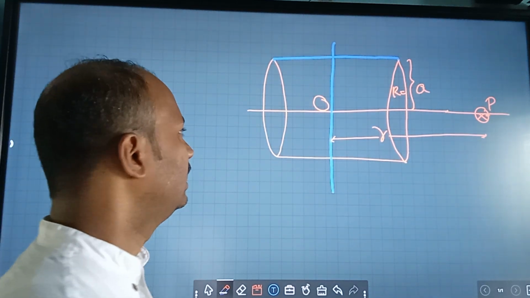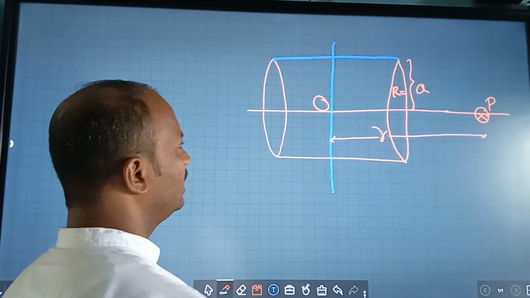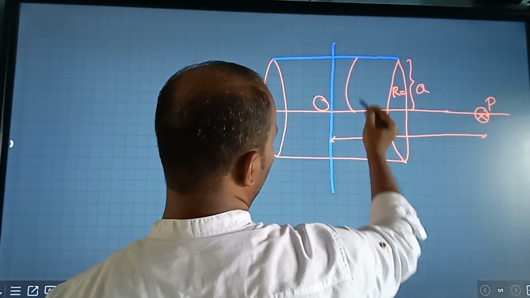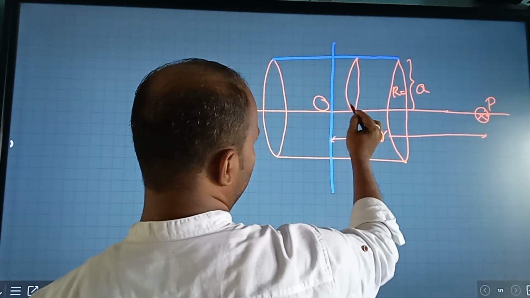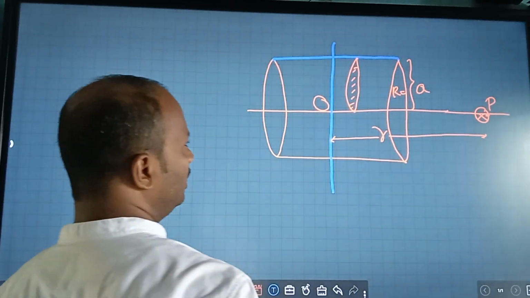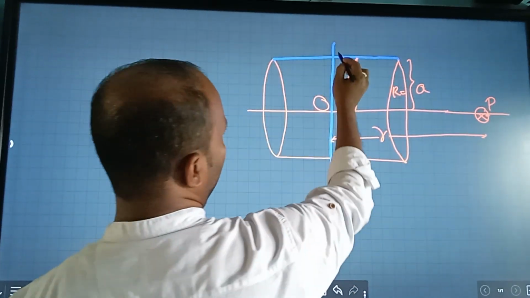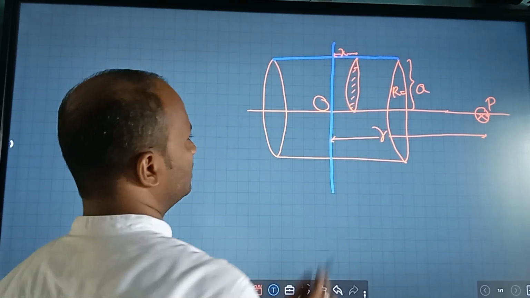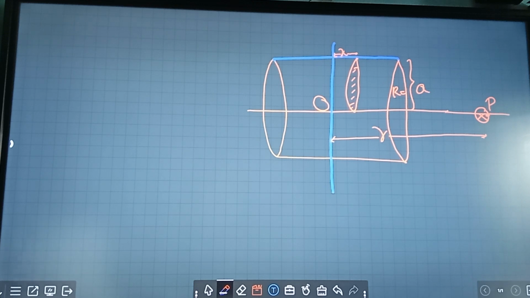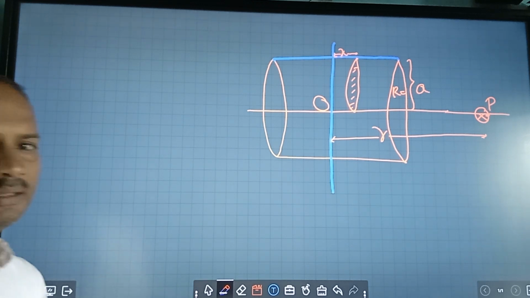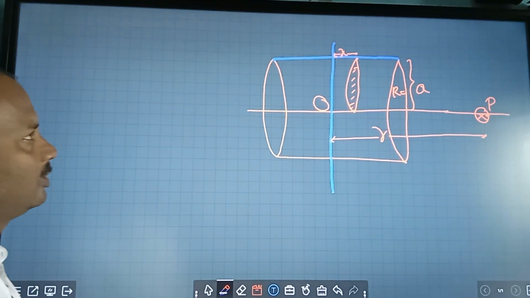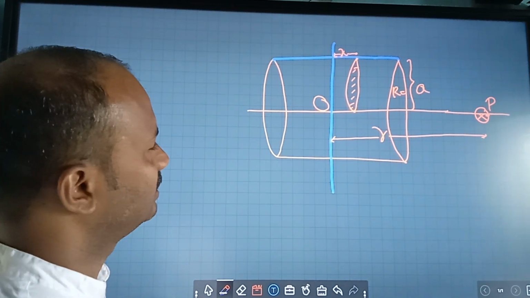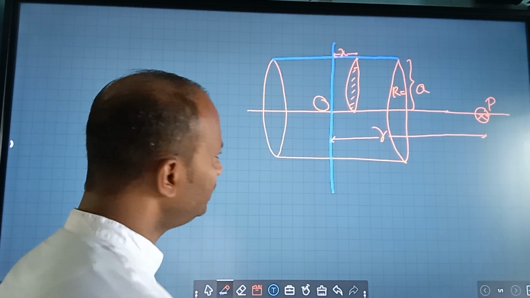Now, let us assume a small segment at a distance x from this point.